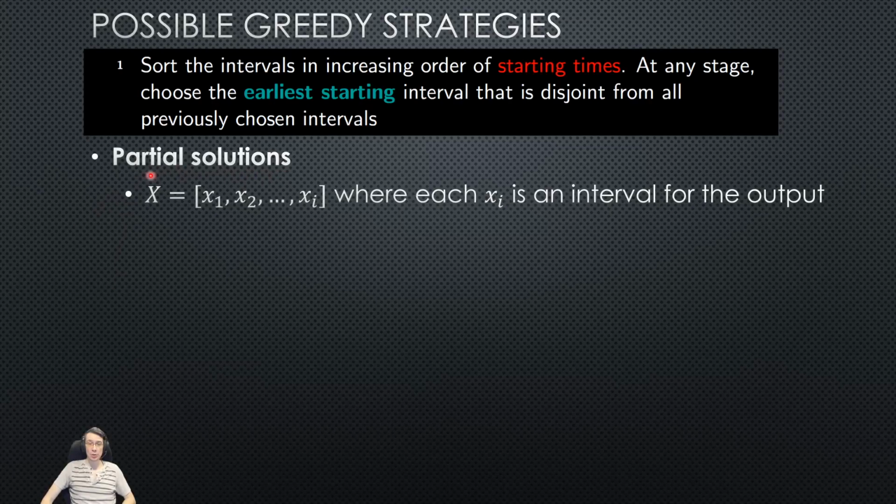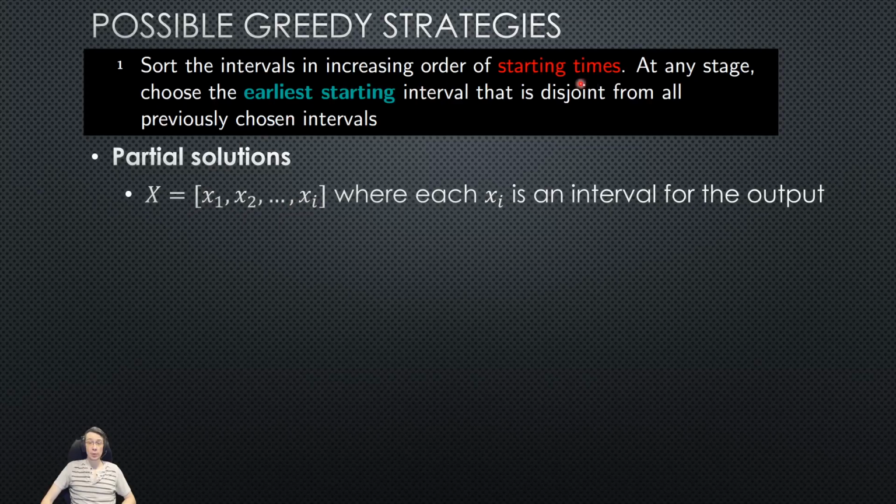So what is a partial solution for this problem? Well, it is an x equal to x1 up to xi, where each xi is an interval that we chose to output. That's a partial solution. This is only a partial solution if it's feasible. So in particular, all of these x1 up to xi must be pairwise disjoint.